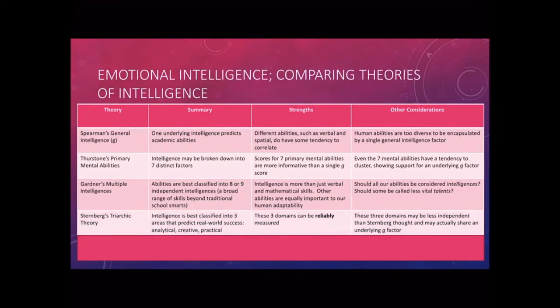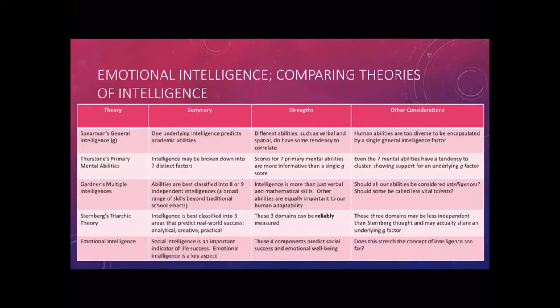So this is that 3-part intelligence idea: analytical, creative, and practical. And then emotional intelligence. What I want you to write down for this question is the number of intelligences for each of these. So I should see a 1 next to Spearman, 7 next to Thurstone, 8 Gardner, 3 Sternberg, 4 emotional intelligence. 1, 7, 8, 3, 4.